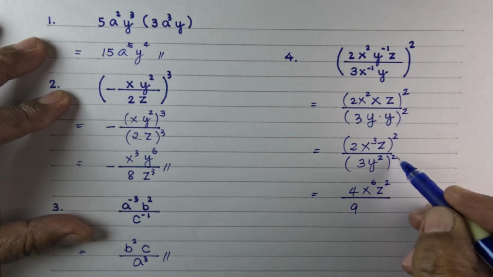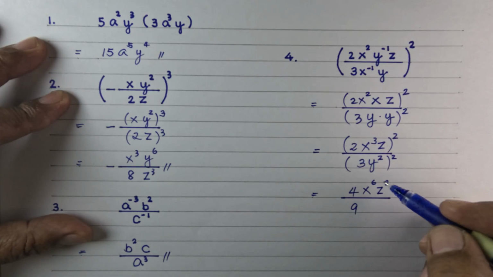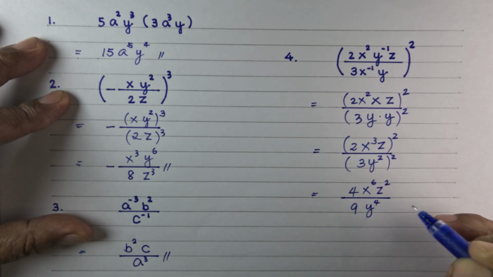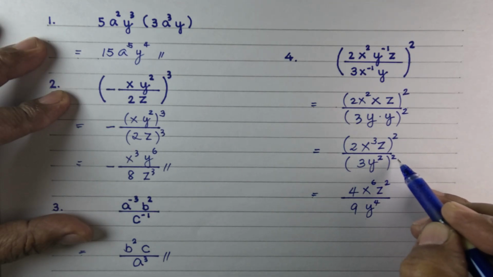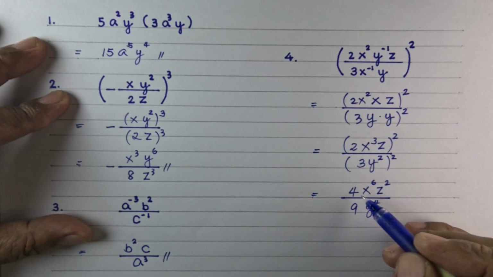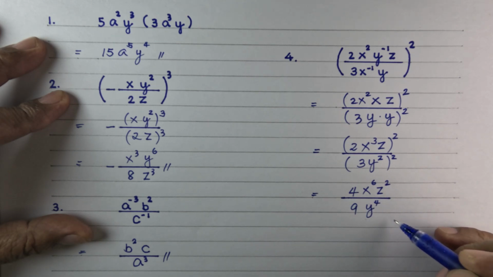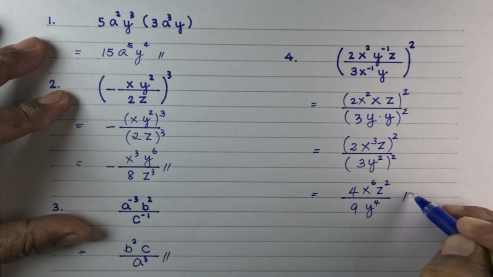Y squared raised to the second power is y to the fourth. So we will simply multiply their exponents. So it's 4x to the 6 z squared over 9y to the fourth power. And that's the answer.